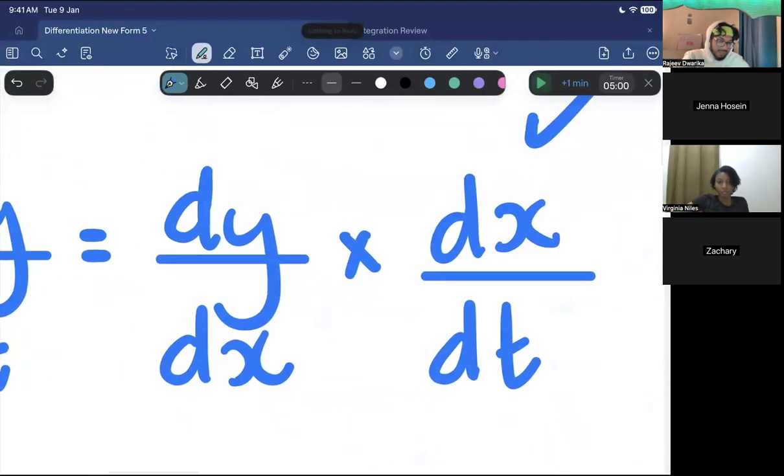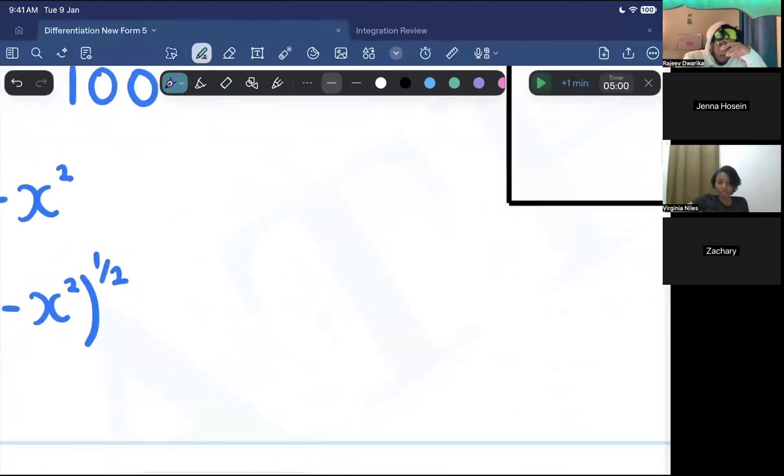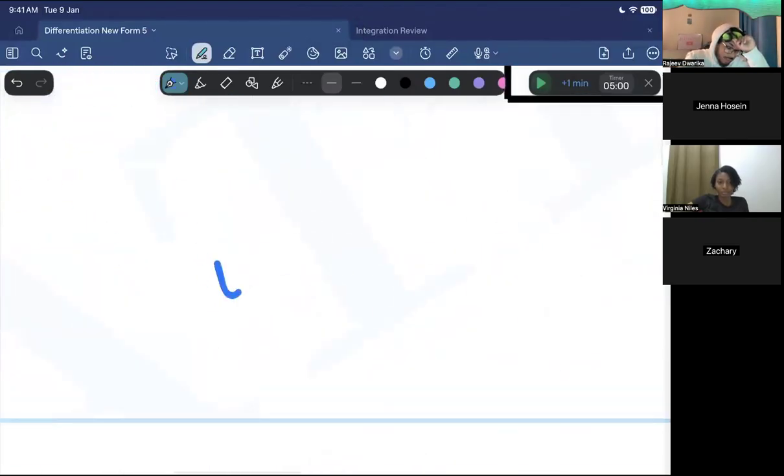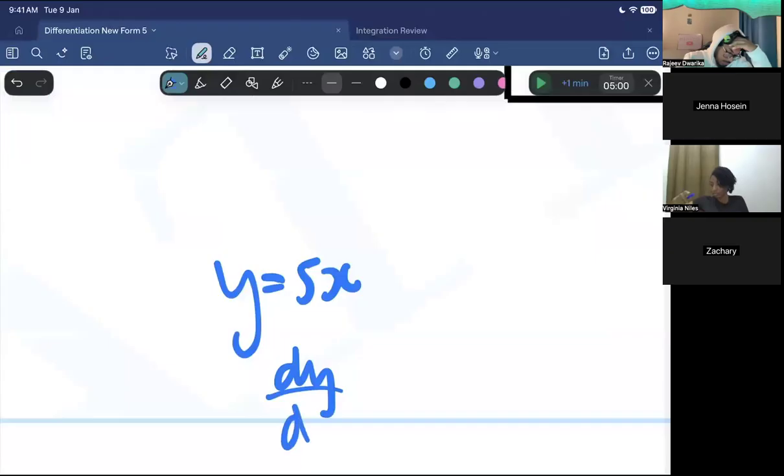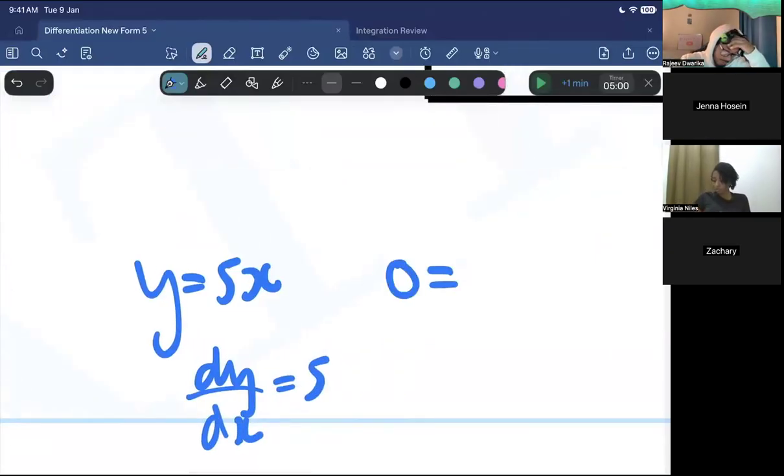But to find dy over dx, okay. If I give you a question like y is equal to 5x and ask you to differentiate that, what will the answer be? dy over dx equals 5. If I give you something like 0 is equal to minus y plus 5x, what would you do before you differentiate that?